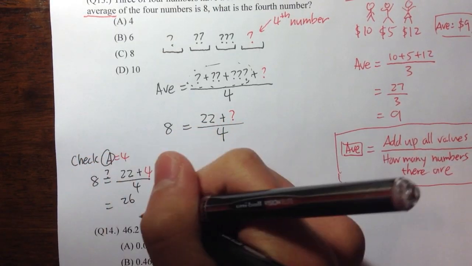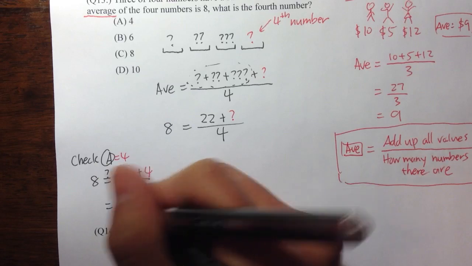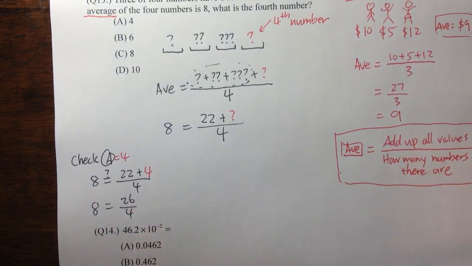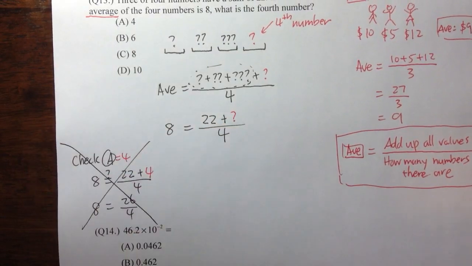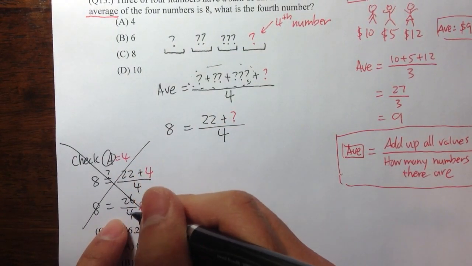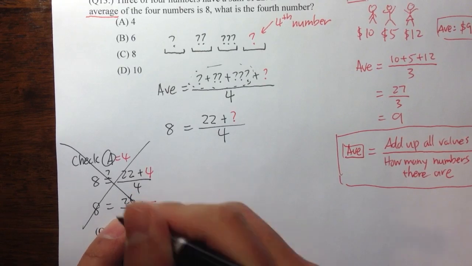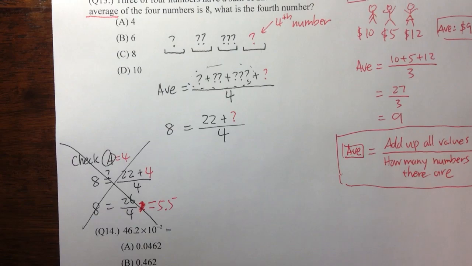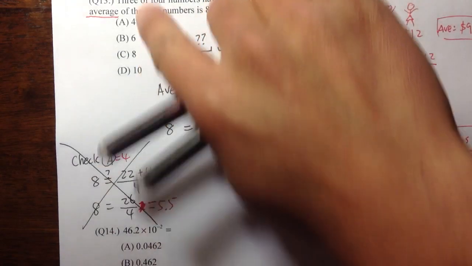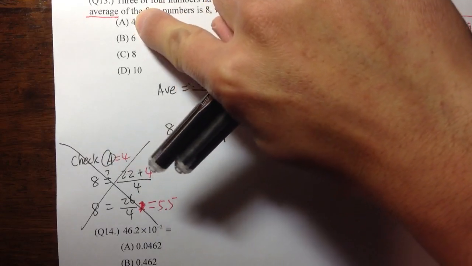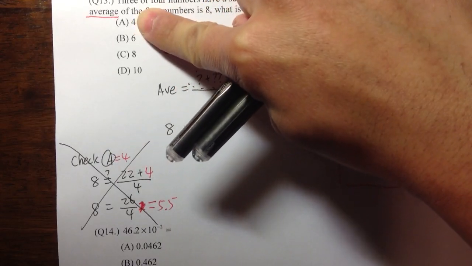So you get 26 over 4. But is 26 divided by 4 equal to 8? No. 26 divided by 4 is 5.5. So it doesn't work. Choice A is not the answer.